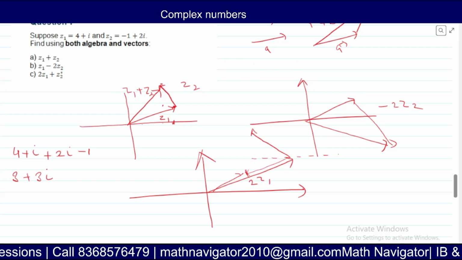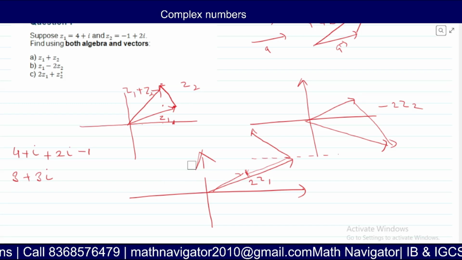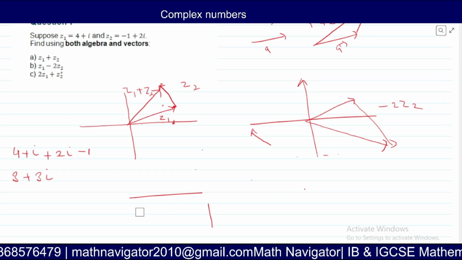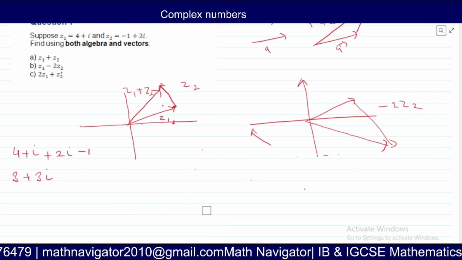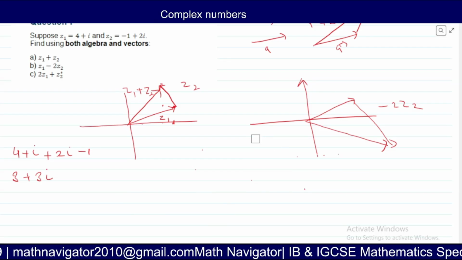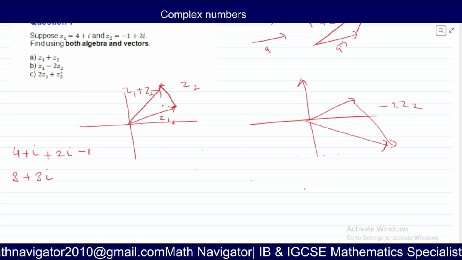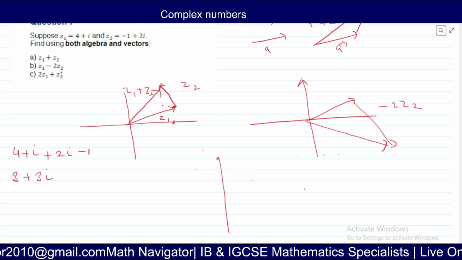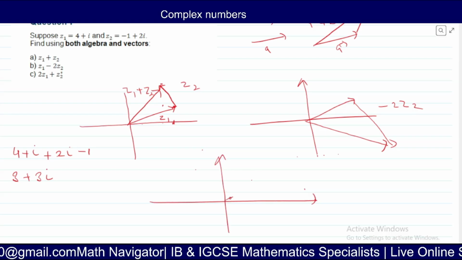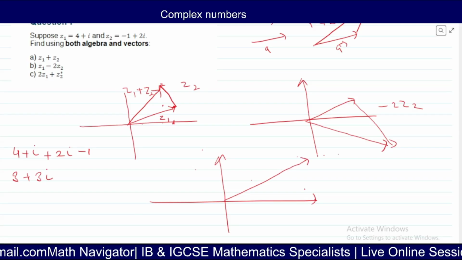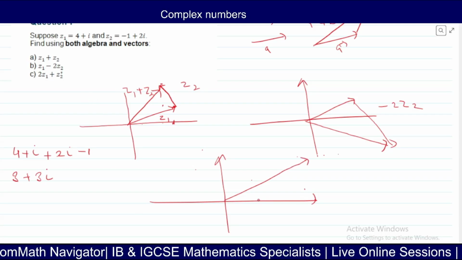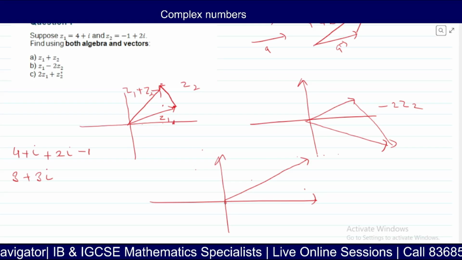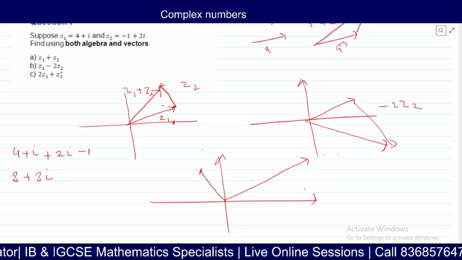Or I'll make it a little nicer. We'll understand it better. Let's take it like that. First I'll make 2z1. And then z2 was something like this.